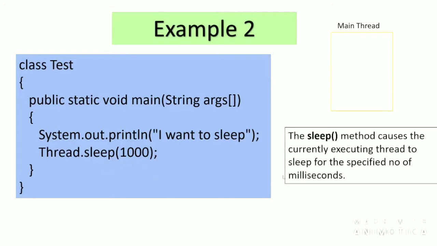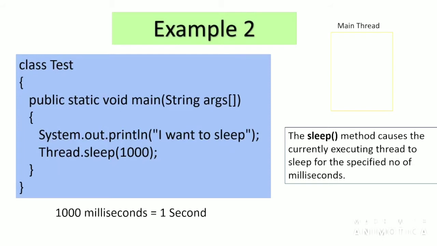The sleep method causes the currently executing thread to sleep for the specified number of milliseconds. I have given 1000 milliseconds, which is equal to 1 second, so I want this program not to execute for 1 second.